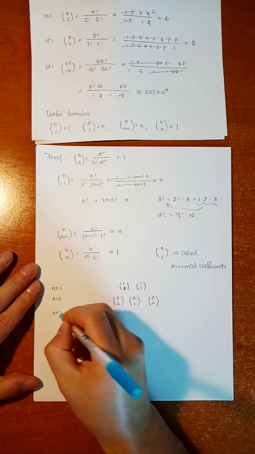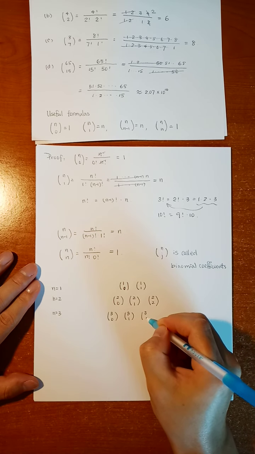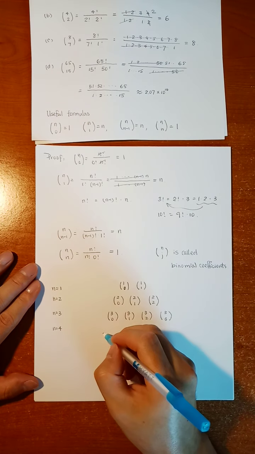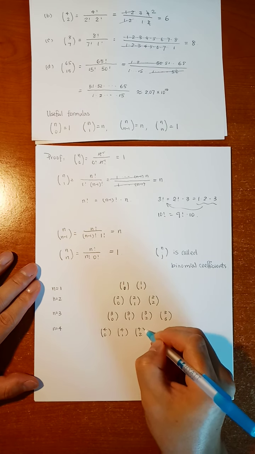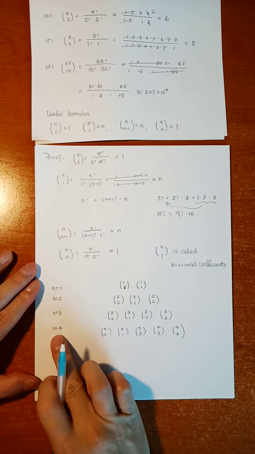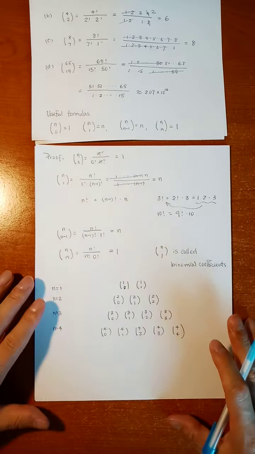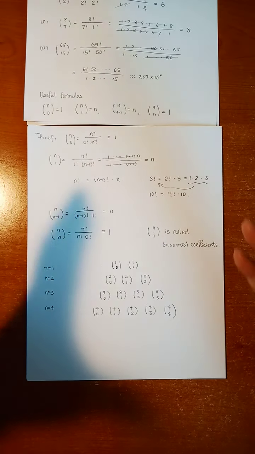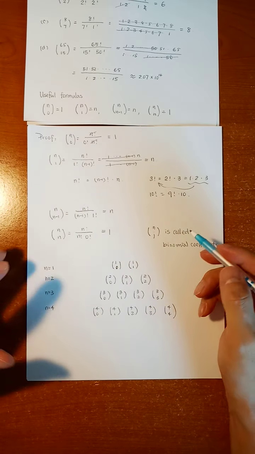For n is equal to 3, you will have 3 choose 0, 3 choose 1, 3 choose 2, 3 choose 3. For n is equal to 4, you will have 4 choose 0, 4 choose 1, 4 choose 2, 4 choose 3, and 4 choose 4. So when n is 4, you have 5 terms. N is 5, you have 6 terms. N is 6, you have 7 terms. So you always have an additional term. When n is 0, of course, you just get 1, because x plus a to the 0 power is equal to 1.